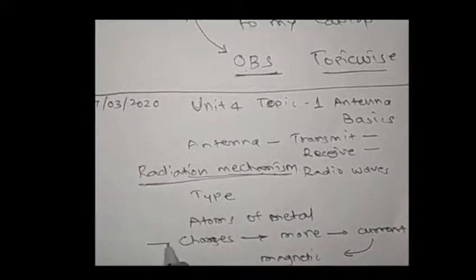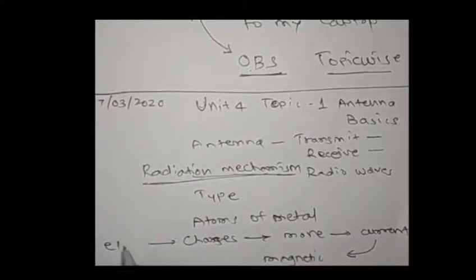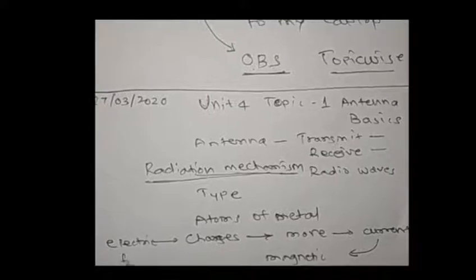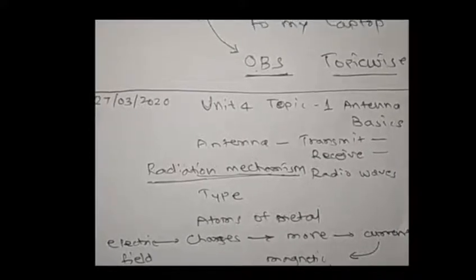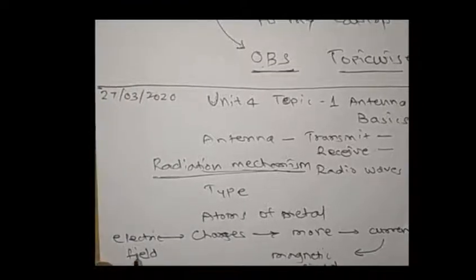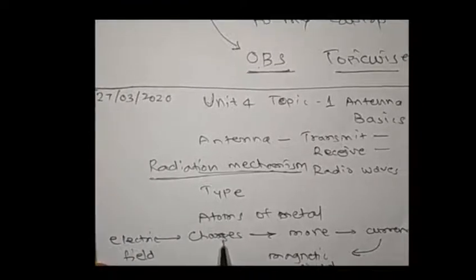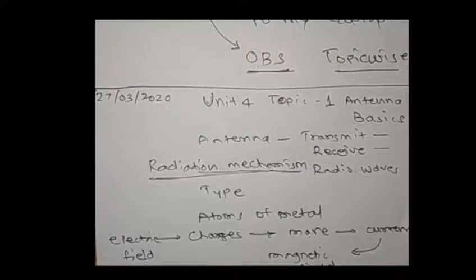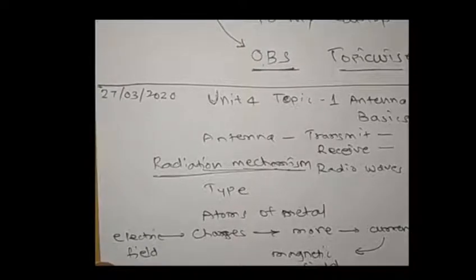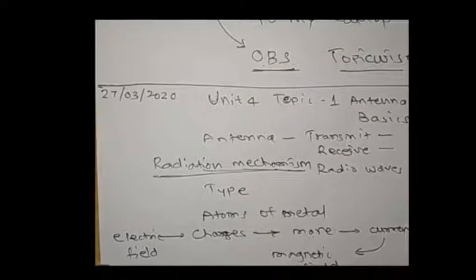So the journey which started at the electric field ends at the magnetic field. The electric field accelerates the charges, the movement of the charges results in current, the current produces the magnetic field, and associated with this magnetic field there exist magnetic lines of force, which are tangent to the magnetic field.